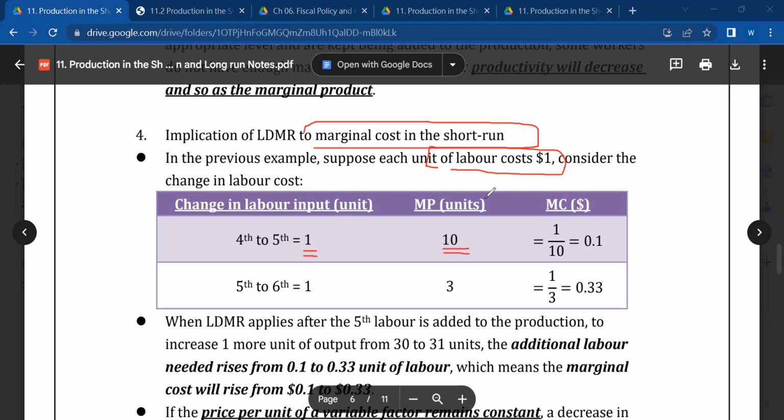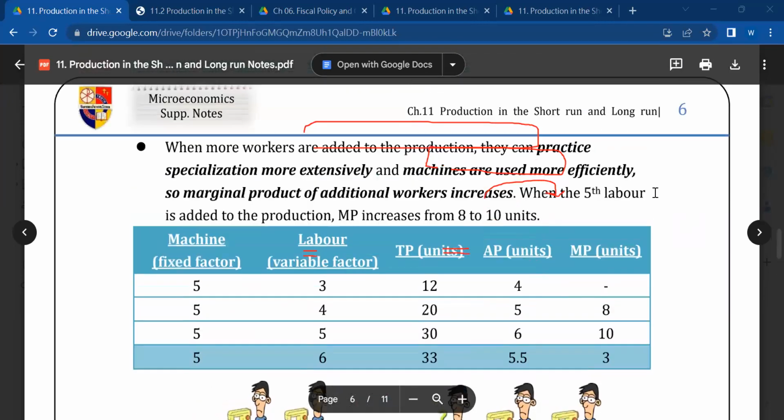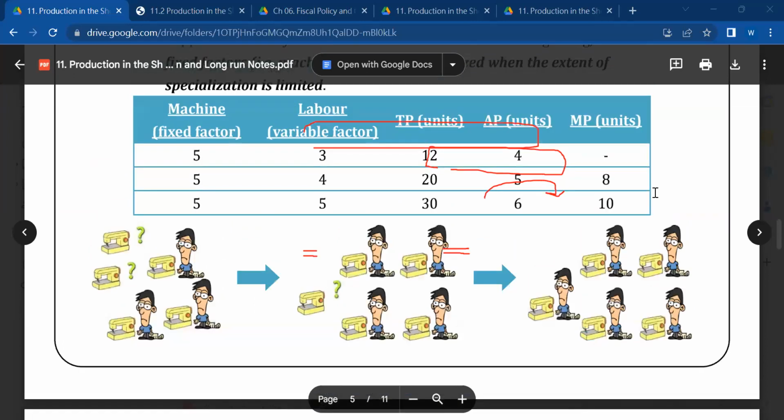Now, we need to calculate the marginal cost. What is the meaning of marginal cost? Do you still remember? If you don't remember, let's move back to the upper part to see marginal product and marginal cost.